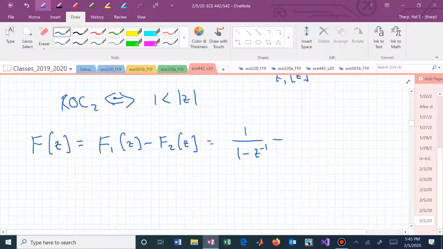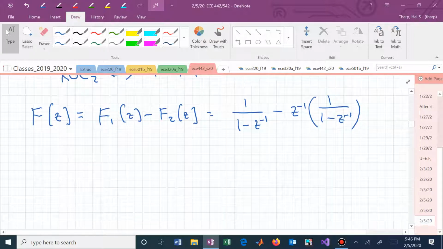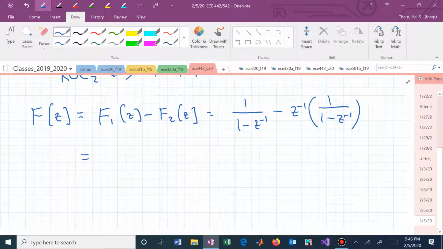F sub 2 of z was z to the minus 1 times 1 over 1 minus z to the minus 1. And do you see now that the numerator and denominator will be the same if you put those two terms over the same common denominator of 1 minus z to the minus 1? So we now have 1 minus z to the minus 1 over 1 minus z to the minus 1.